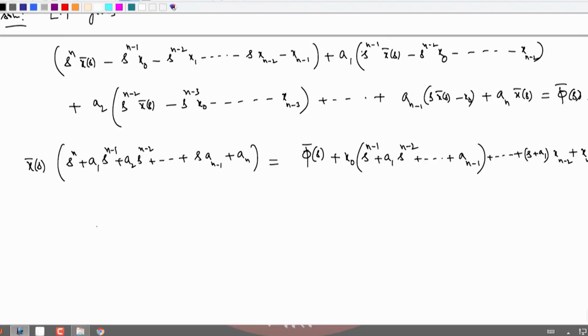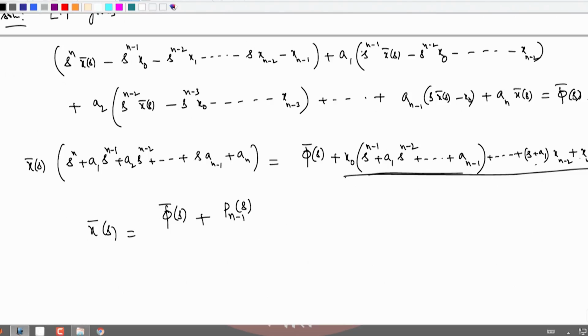Let me call this p n. So, x bar of s is now phi bar of s plus x naught times p n minus 1. Let me call this a polynomial in s with degree n minus 1 up to this; here it is a polynomial of degree 1, this is simply a constant. This whole thing together is a polynomial of degree n minus 1, so let me call this p n minus 1 of s.